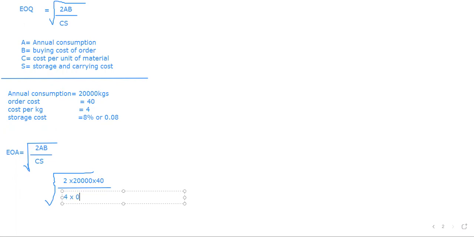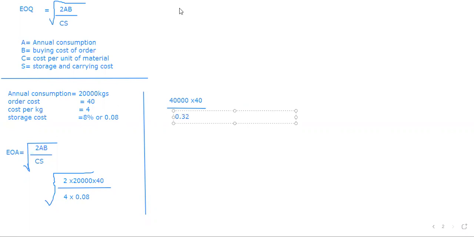I am going with 4 into 0.08. Now if I solve it, 2 into 20,000 is equal to 40,000. So 40,000 into 40 rupees, then divided by 4 into 0.08, which is going to be 0.32.